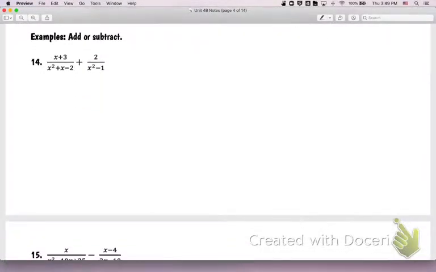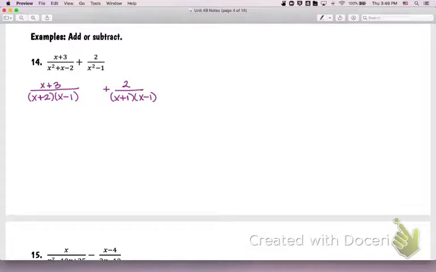So here we go, example 14. We're going to start by factoring this out. So I have x plus 3 over, this one becomes x plus 2, x minus 1, plus, you notice I'm leaving myself a little bit of room here, 2 over x plus 1, x minus 1, okay?